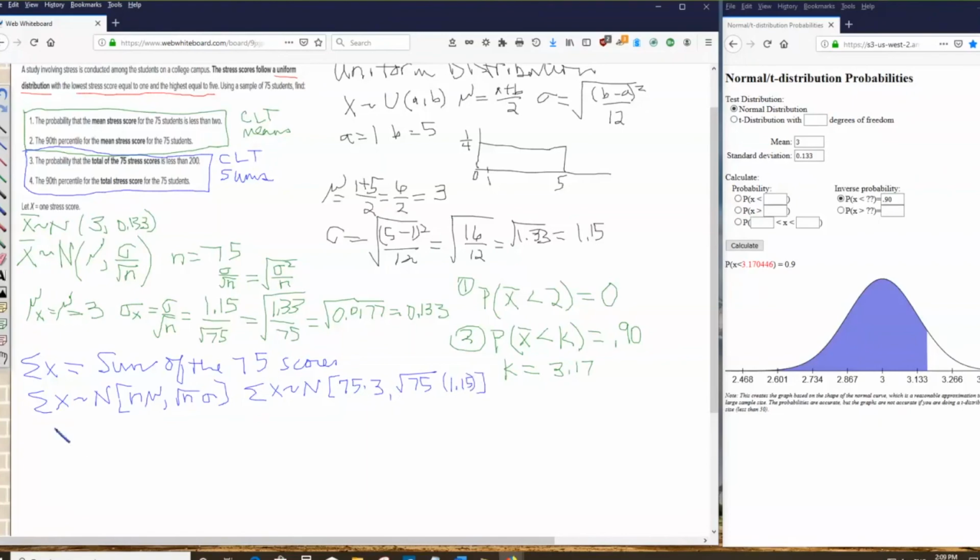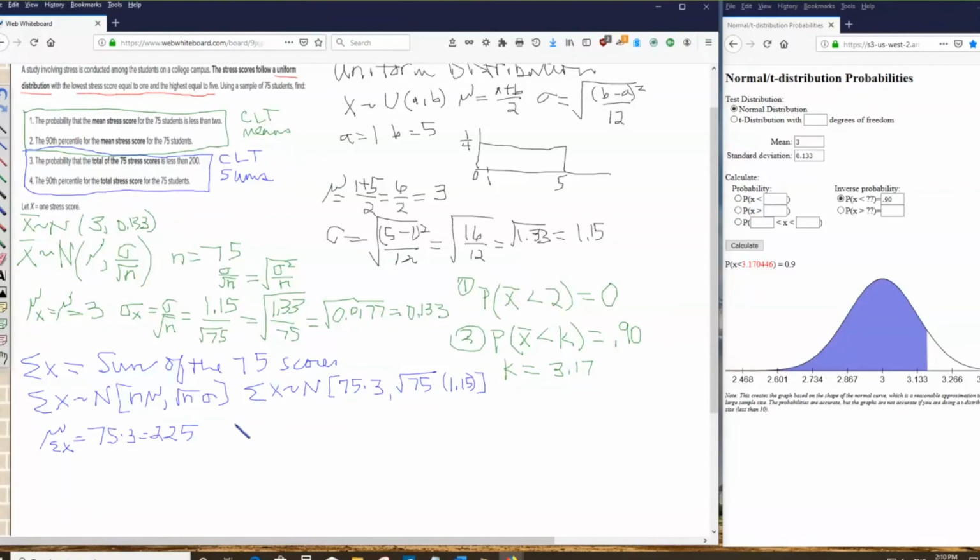And we'll go ahead and solve these. So the mean of the sum is going to be the size of the sample times the original mean, which is going to give me 225.